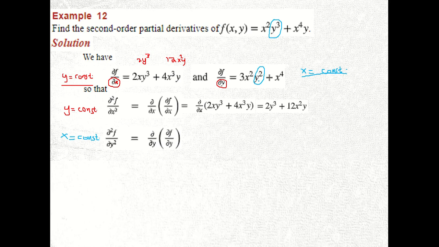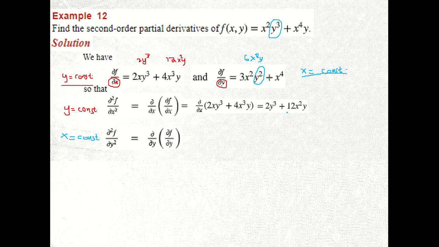The derivative of this is 2y times 3x squared, so that will be 6x squared y. Then how about this? Since x is constant, the derivative of this is 0.